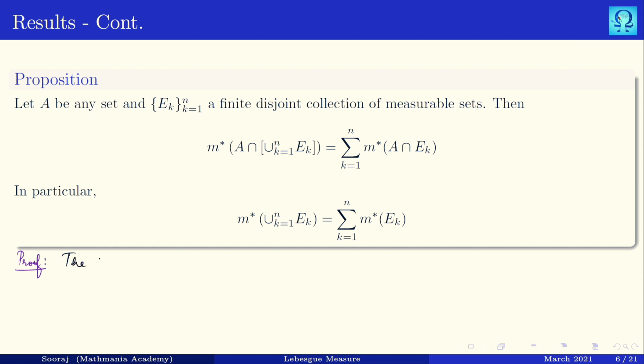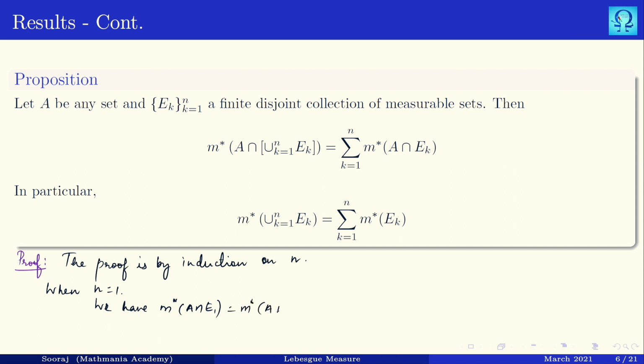The proof is by induction on n. When n is 1, we have m star of A intersection only E1, which is equal to m star of A intersection E1.